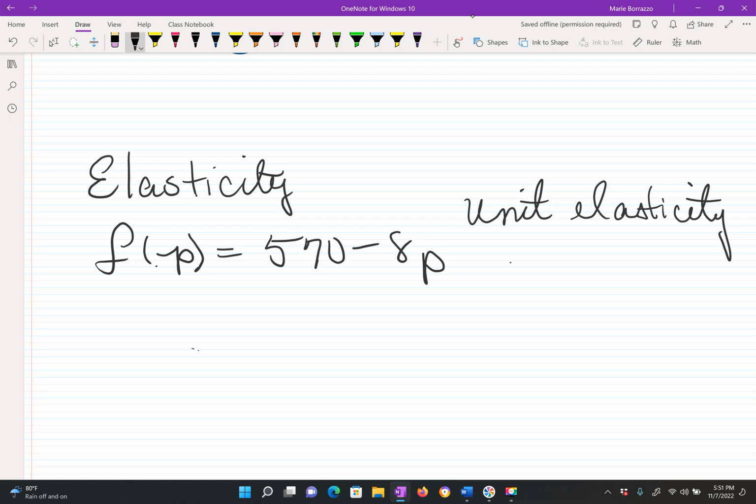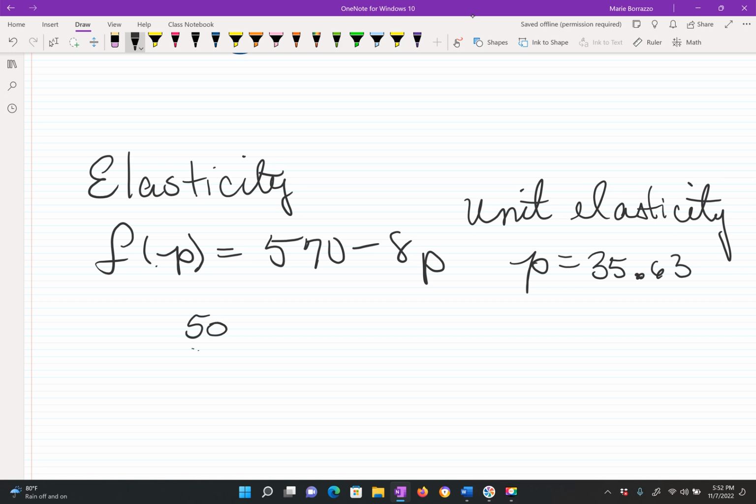I'll give you a hint. P should end up resulting in 35.63 rounded. There's a formula. You have to set it equal to 1. Okay, so you're saying 570.